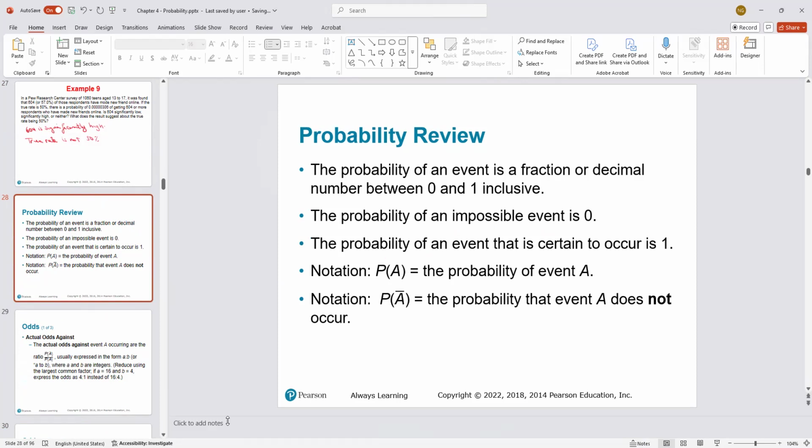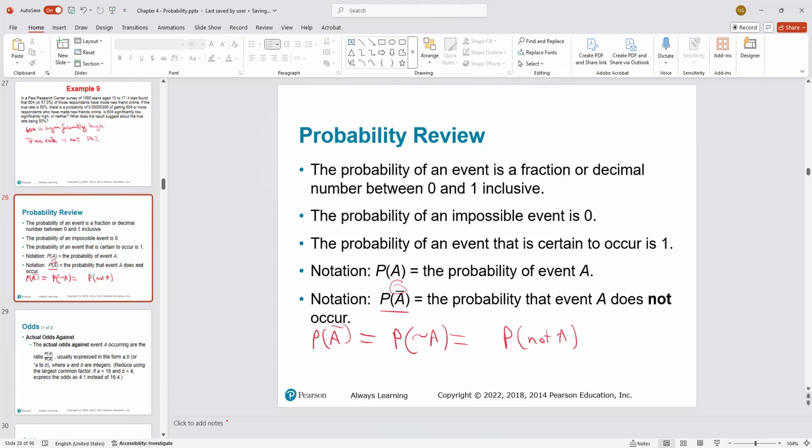Probability of not A, where you put the bar, is the probability that the event does not occur. In some books they write it as not A, or even just probability of not A. Different ways of writing the same thing; it all depends on which book you use.